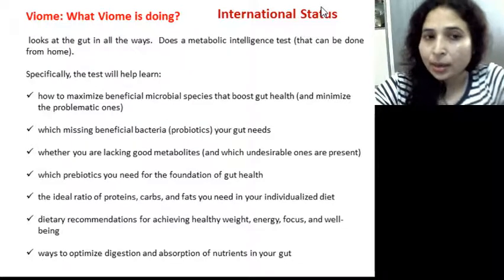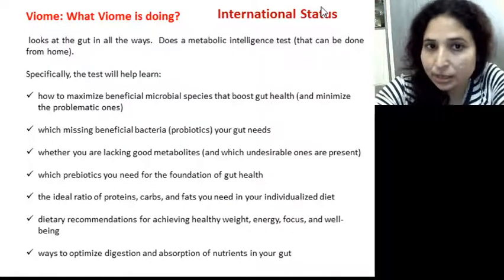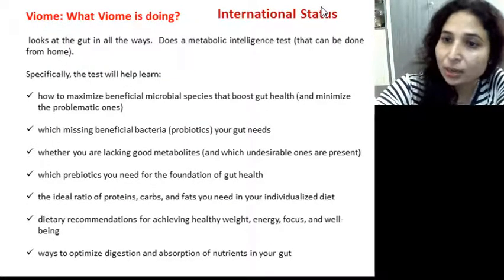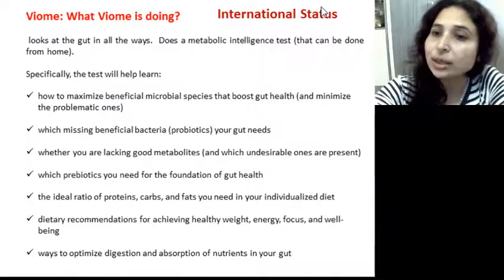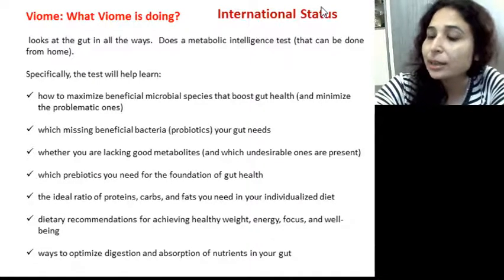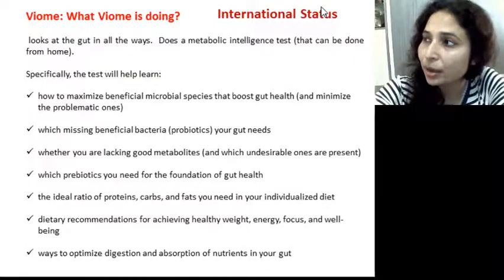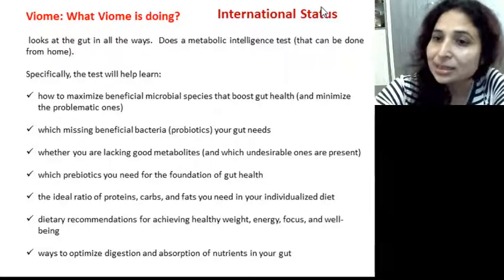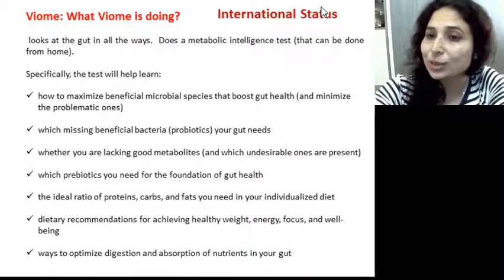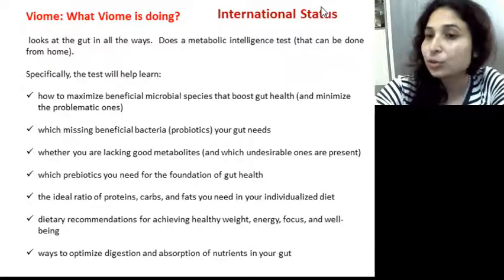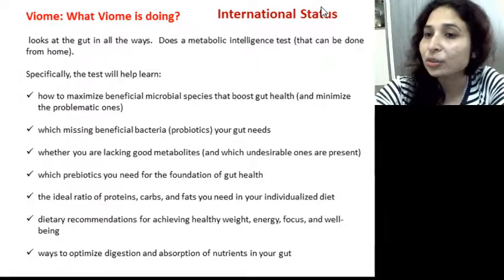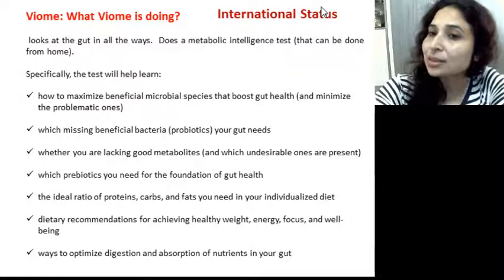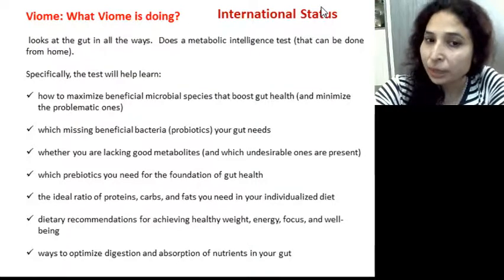There is a company called Viome. Viome is doing similar work in detecting the presence of the microbiota in the gut of an individual, and also suggesting what food they should be eating and what food they should be avoiding on the basis of the microorganisms present in the body.